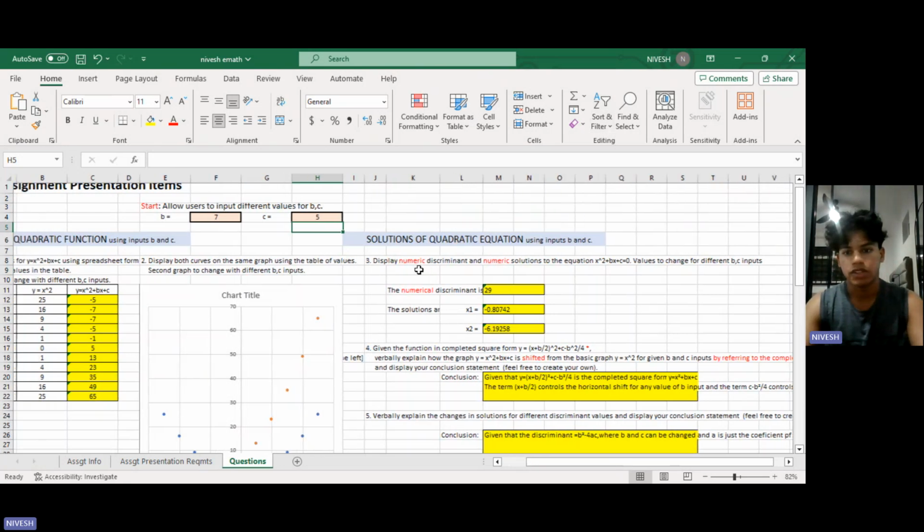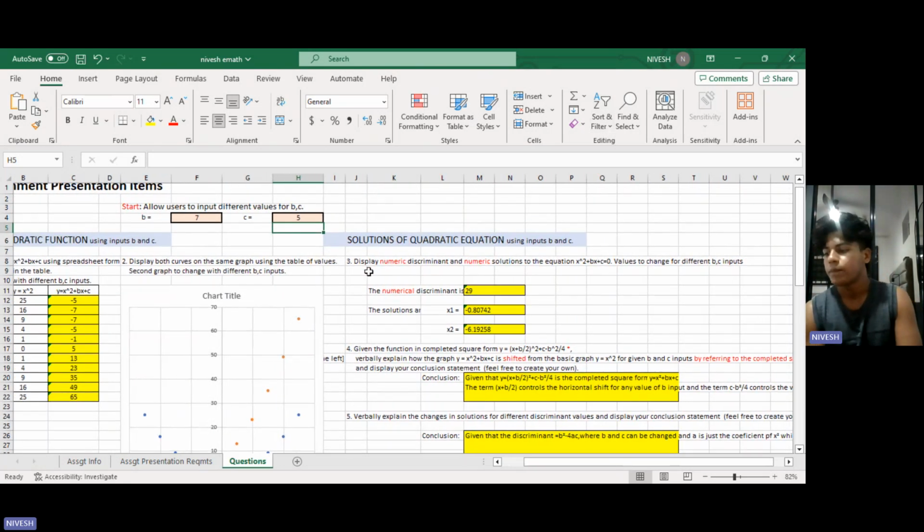How I got 29 was that I used the formula b squared minus 4ac. b in this case is 7, as you can see, and a in this case is 1 while c is 5. So when you do the calculation, you will get 29 because 7 squared is 49, and 5 times 4 is 20. So 49 minus 20 is 29. So the numeric discriminant is 29.